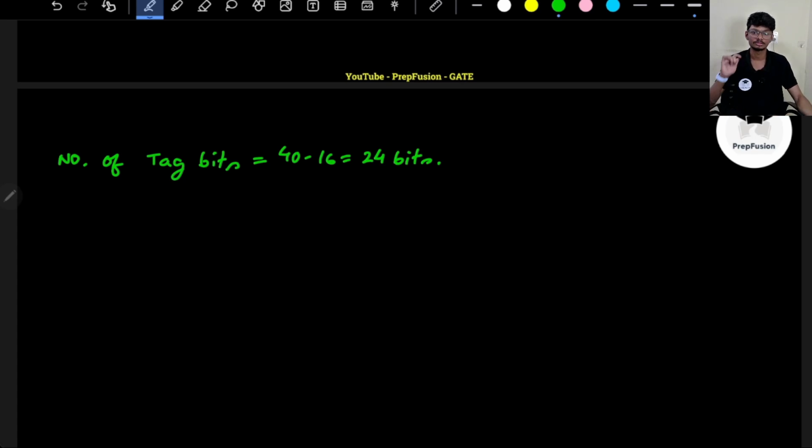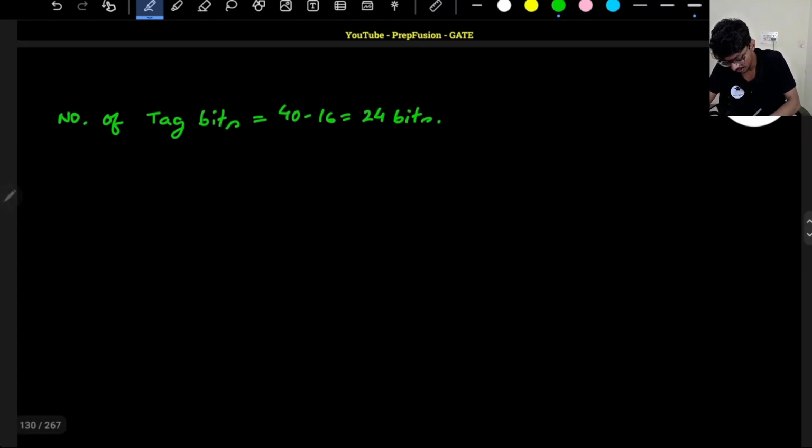So 24 bits will be the answer to this question. Very beautiful question. You don't need to calculate the whole block. It does not matter whether it is 1 way, 2 way, 8 way or 16 way, the number of tag bits will not change.